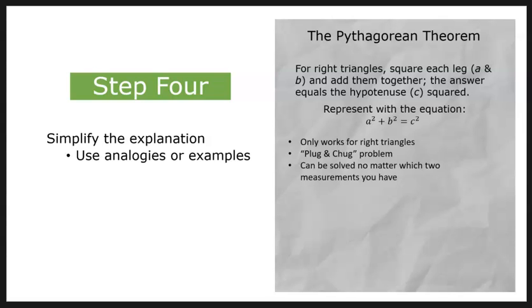The answer equals the hypotenuse, or c squared. It is represented with the equation a squared plus b squared equals c squared. Be sure to remember Pythagorean theorem only works for right triangles. It is a plug and chug type of problem because you plug numbers in for the letters and solve. So these types of problems can be solved no matter which two measurements you are given.